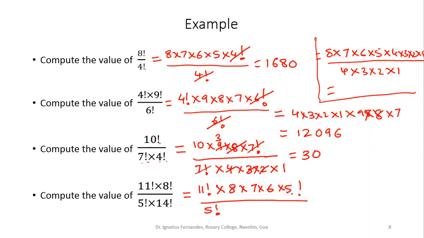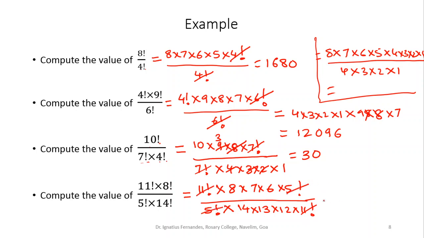This 5 factorial will cancel with this 5 factorial, and 14 factorial will simplify as 14 into 13 into 12 into 11 factorial, so that this 11 factorial cancels.